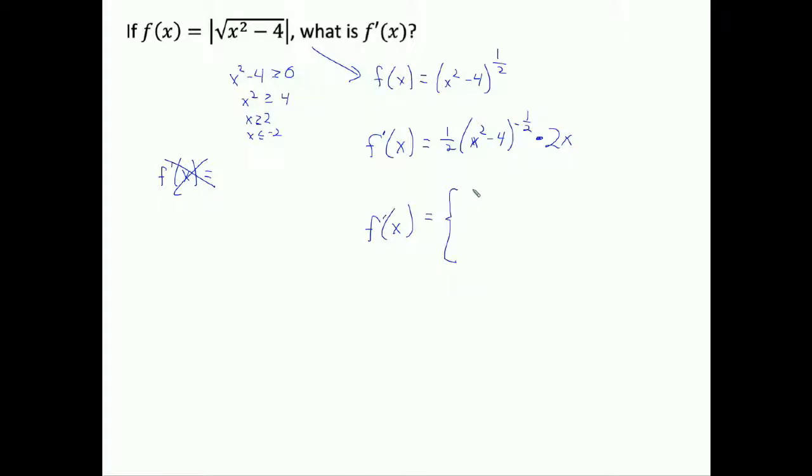If I rewrite this back in another form, the 2 moves to the denominator and is a square root: square root of x squared minus 4, and then the 2x will be in the numerator here. Actually I should have canceled these here, so we don't really need those two.